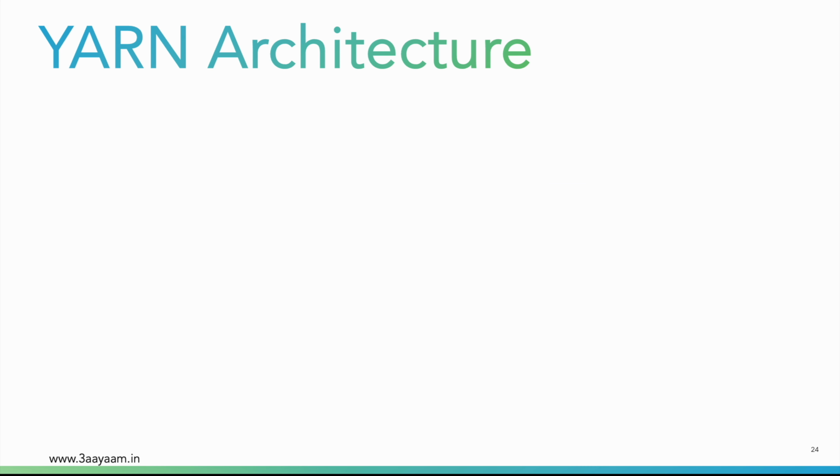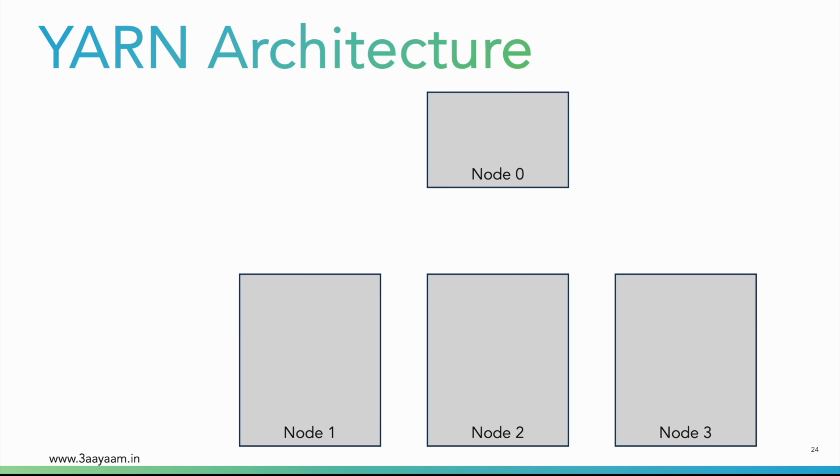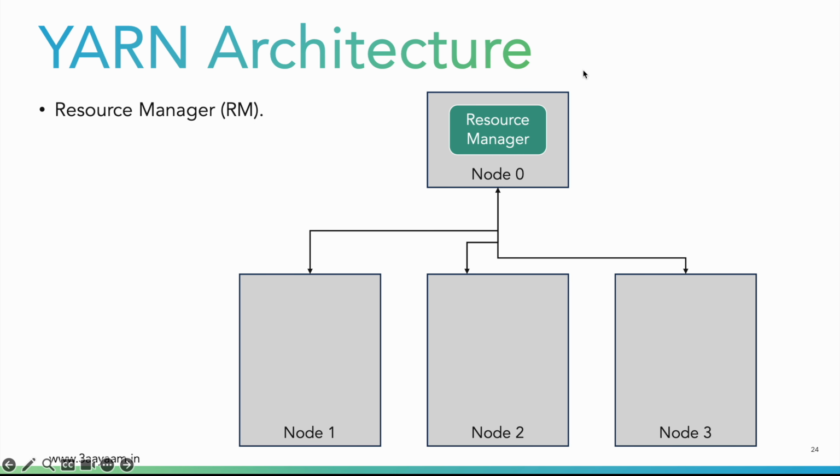So that brings me to the YARN architecture. We have to know how YARN works. So this is our cluster. We have one master node, which is node 0, and then we have multiple compute nodes where the distributed processing would run, and they are connected to each other over the network. The component that is installed in the primary node or the master node for YARN is called the resource manager.